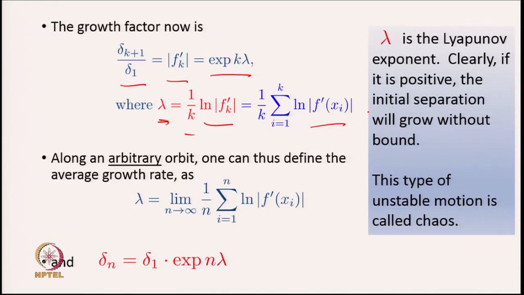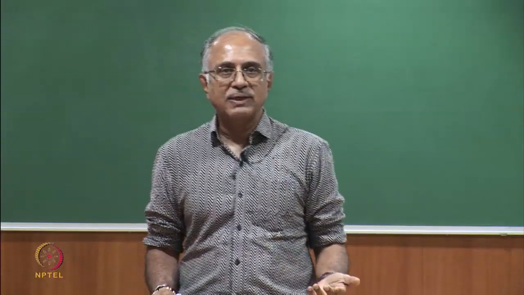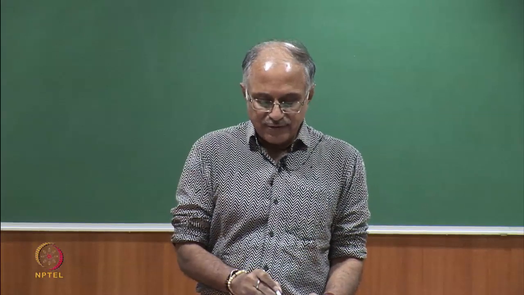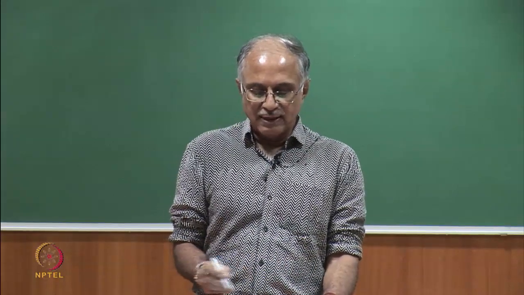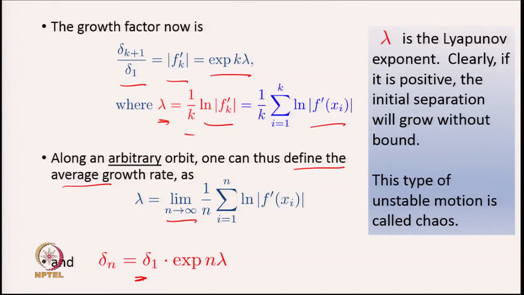Now that I know how to characterize the stability of a fixed point or of a periodic orbit, I can extend this idea to any arbitrary orbit and define the average growth rate of perturbations in exactly the analogous way, except now I write lambda as the limit of n going to infinity of 1 by n times the sum of the logarithms of the slope along this orbit, exactly like this particular statement, except that I have exchanged k for n, and I allow n to go to infinity.